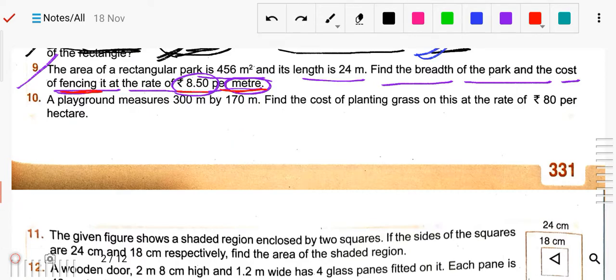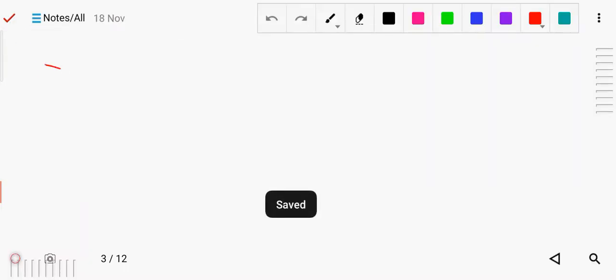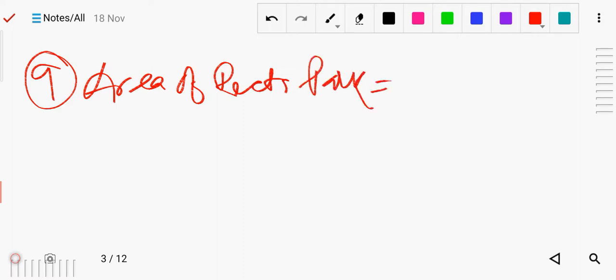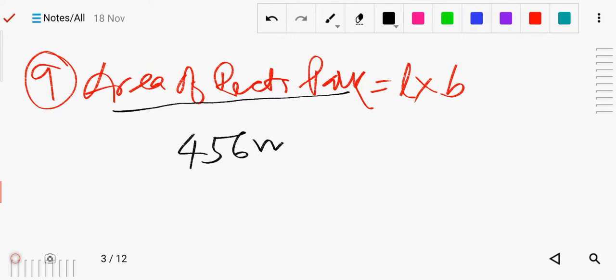Now we will solve this one, question number 9. First of all we find the area of the rectangular park, which is L into B. This area is given, 456 meter square, and length is given as 24.